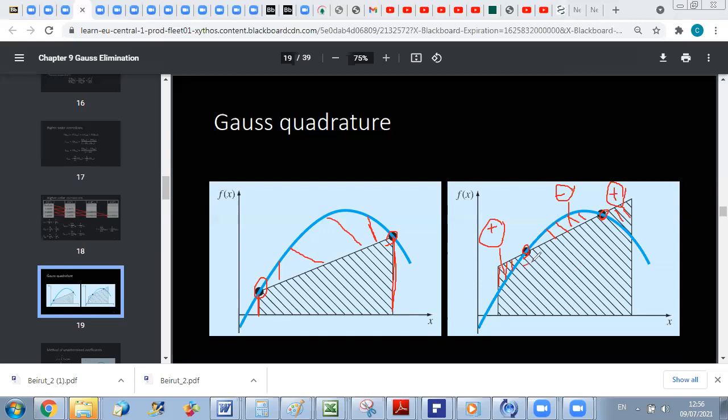So by proper selection of the positions of these 2 points, I can overcome the disadvantage of the trapezoidal rule. From here comes the idea developed by Gauss. This is called the Gauss quadrature, and we will go over it. How to find these positions? This is the challenge: how to find the optimal positions of these points in a way that gives an exact value of the integral. Okay?